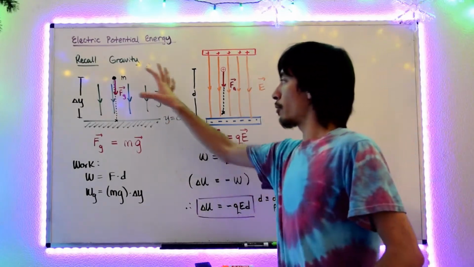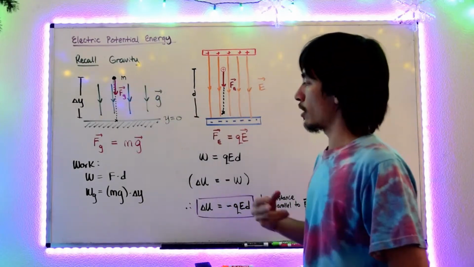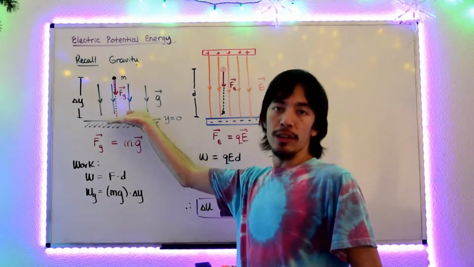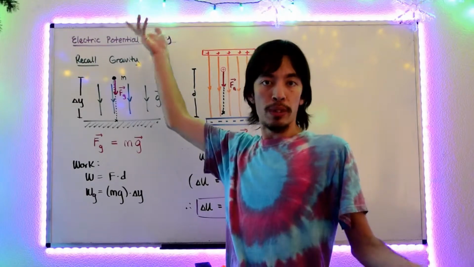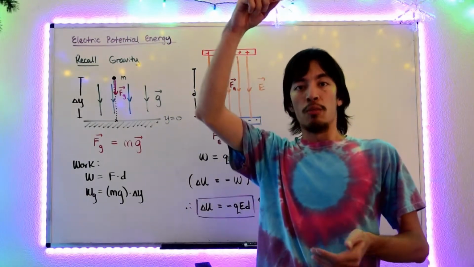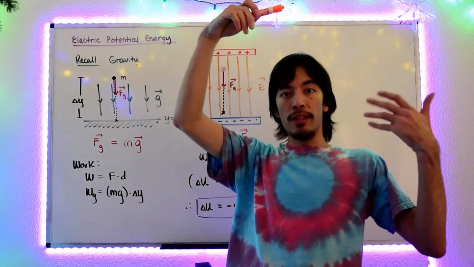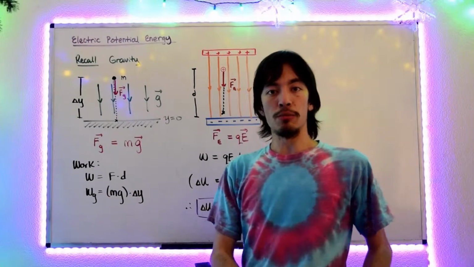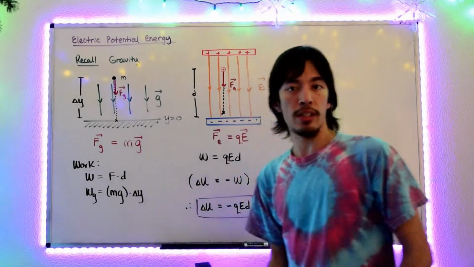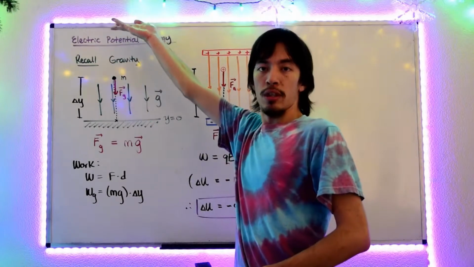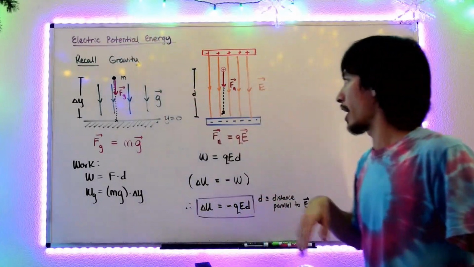If we go back to the gravity example, the higher you lift the object up, the more potential energy it has. By moving the object up higher, when I drop it, there's more work that can be done by gravity to move it to its final destination. So the higher you move it up against the field, the more potential energy it has.